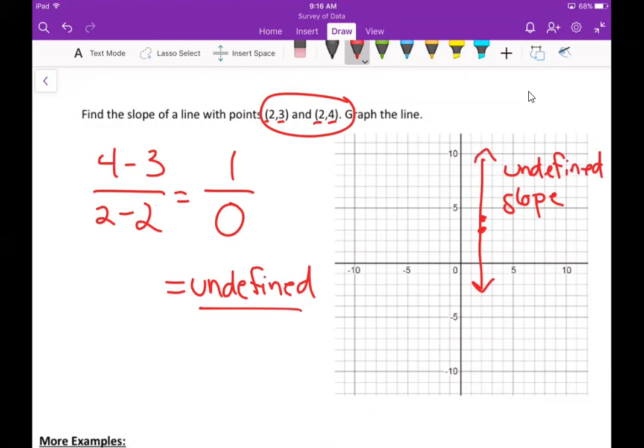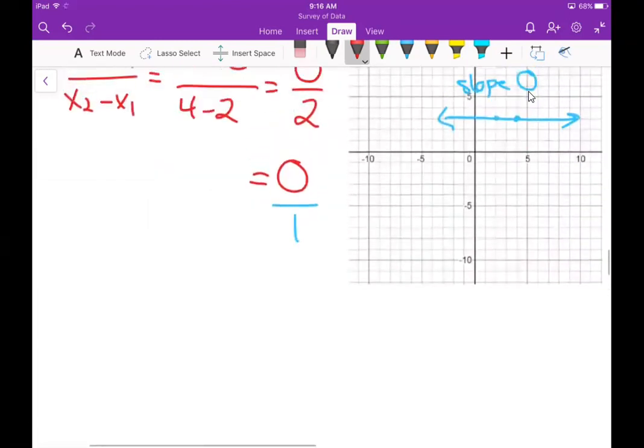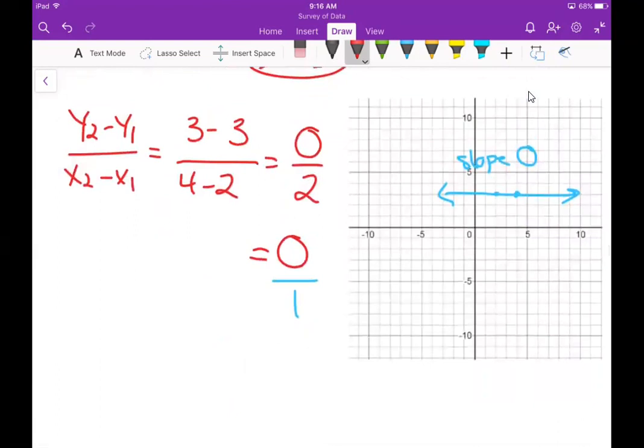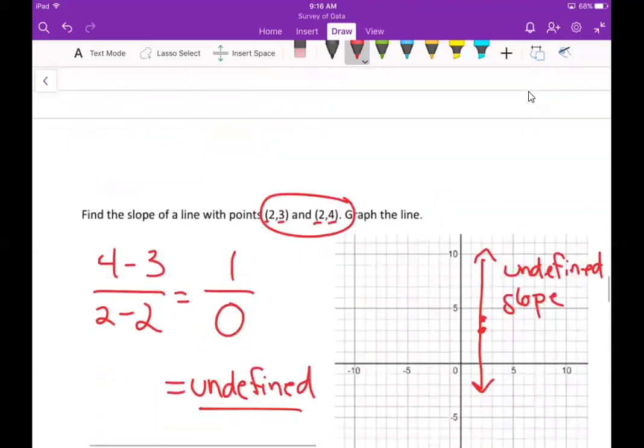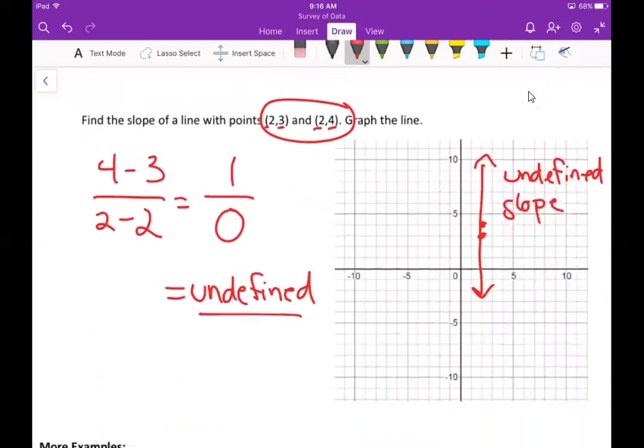I always remember the difference here between horizontal and vertical. As horizontal, you're not going up or down, so you don't have positive or negative. You're right in the middle between those at 0. And vertical, you're going perfectly up and down. You couldn't climb this slope. It would be impossible, right? So that's undefined. That's kind of how I remember the difference between the two.